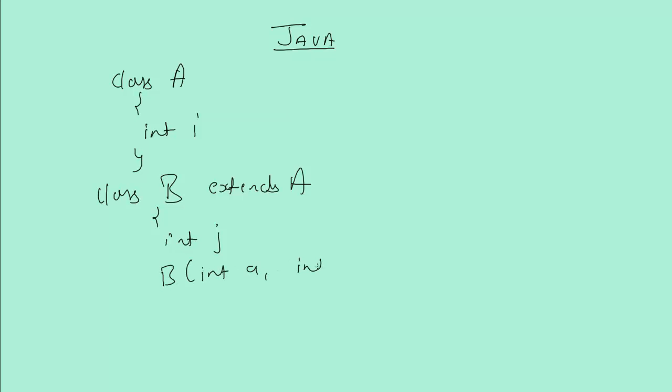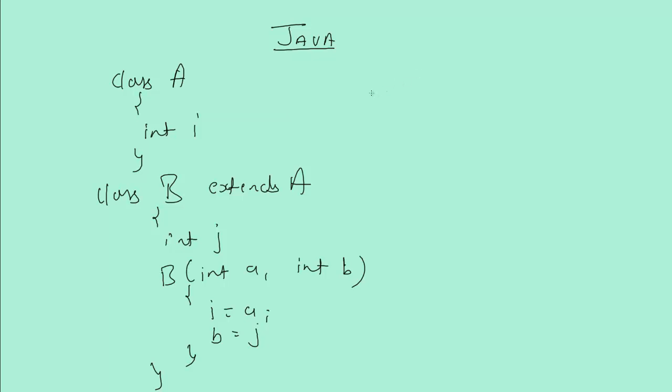Int a and int b are the parameters. I is equal to a and j is equal to b. So this is my class. This I and J, I is visible for the subclass called B, right?